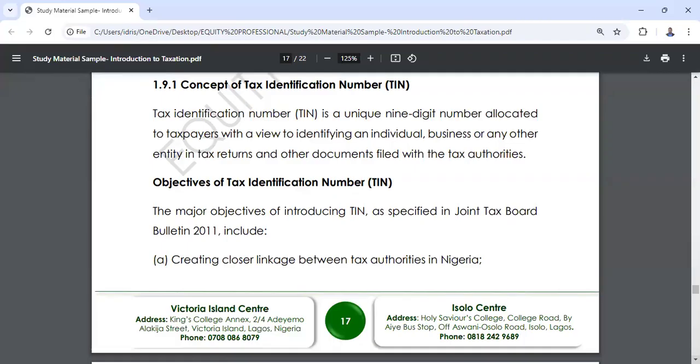Within 6 months from the date of commencement of a business, a company is required to register for tax. When a company registers, the tax authority will issue it a letter. That letter will contain its tax identification number.